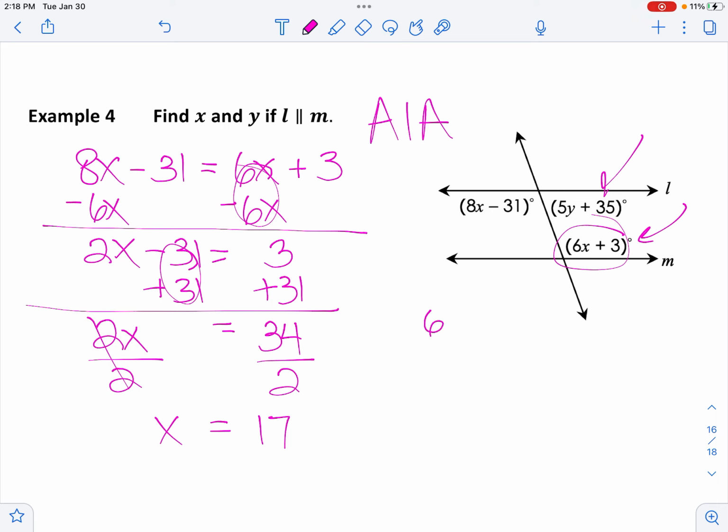So if I go 6 times 17 plus 3, you just take your calculator, go 6 times 17, you get 102 plus 3. So that gives me 105 degrees. So this angle right here is 105 degrees. I'm just gonna write that in here.